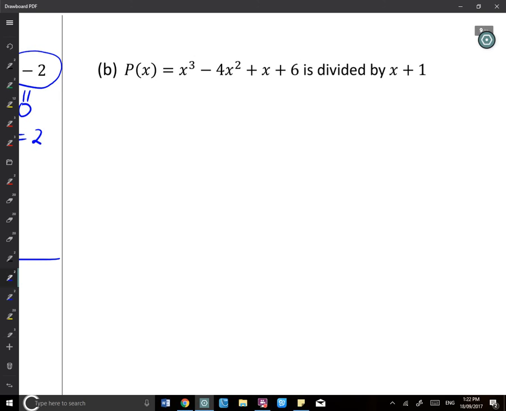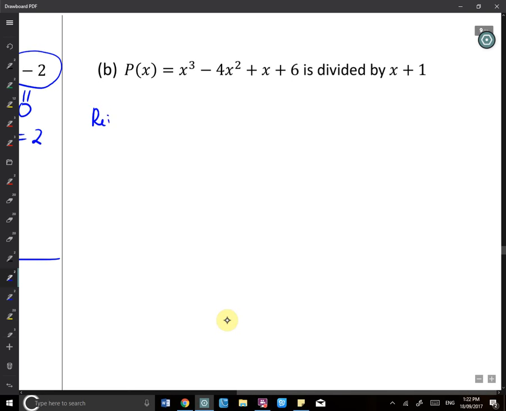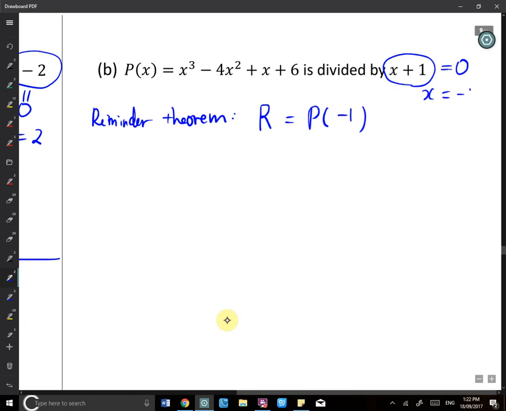P(x) equals x cubed minus 4x squared plus x plus 6 is divided by x plus 1. So using the remainder theorem, I need to find the remainder equals P(-1), because I need to make x plus 1 equal to 0, and I will sub in negative 1.